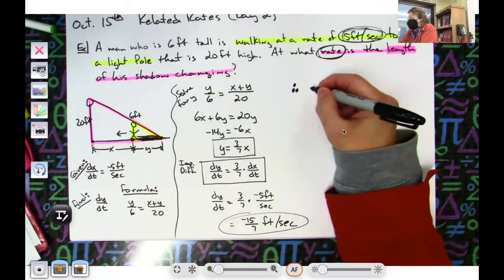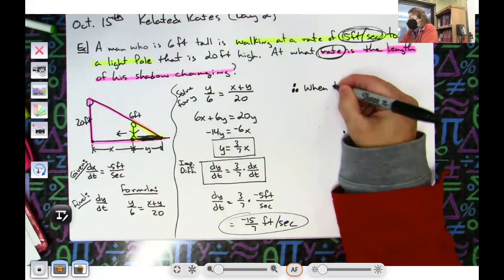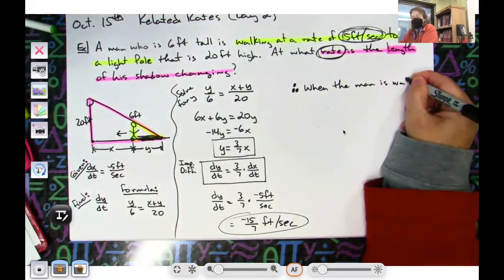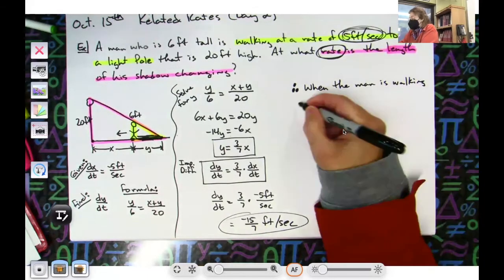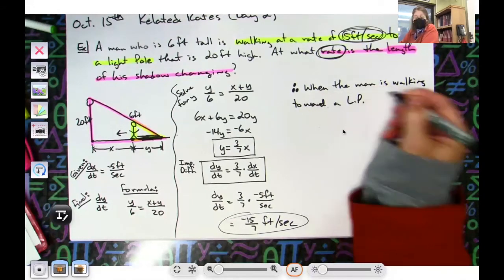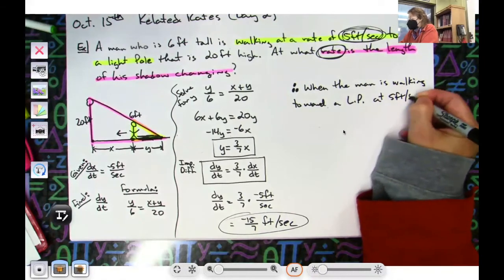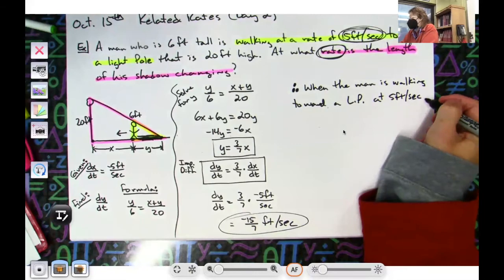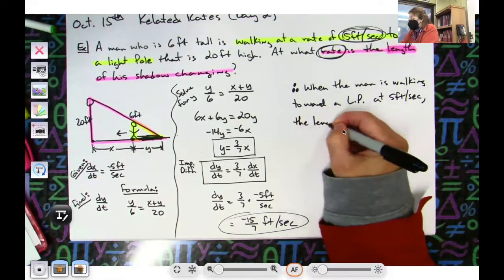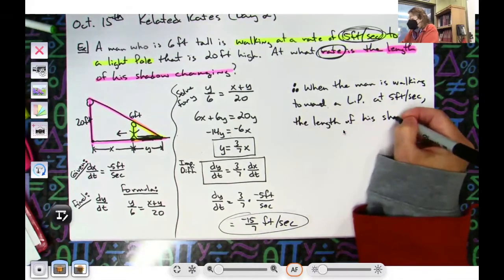All right, so I might say when the man is walking toward a light pole, I'm going to do LP for light pole, at 5 feet per second. Yes, you need to put that in there because that's important, the speed at which he's walking towards. The length of his shadow. And let's do the other one.